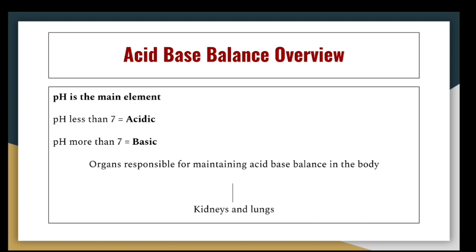If pH is less than 7, it is acidic. If it is more than 7, we consider it as basic. And there are two organs responsible for maintaining this acid and base balance in our body: one is the kidneys and the other is the lungs.